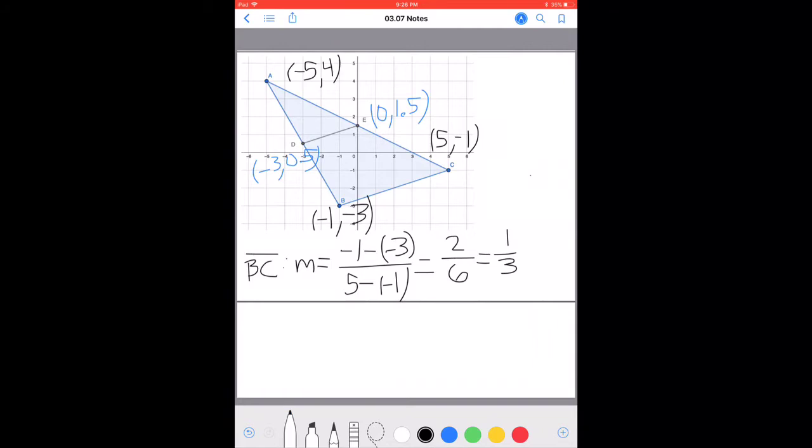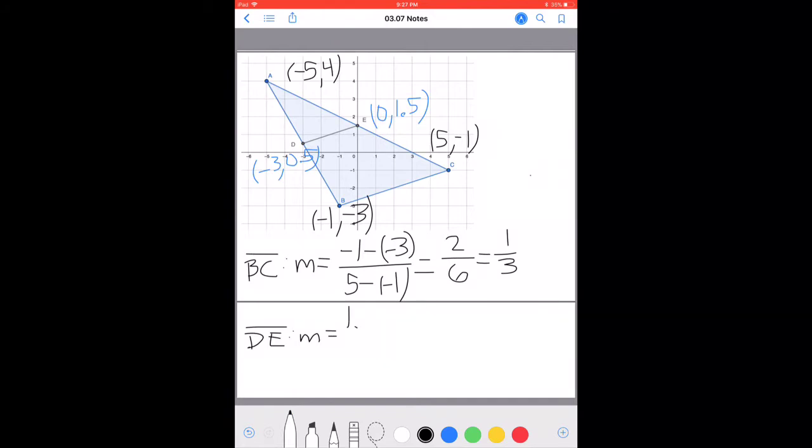Next up for DE, the slope. Alright, this one's going to be trickier because we have some decimals. We can say E is the second point, so we would do y2 minus y1 all over x2 minus x1.